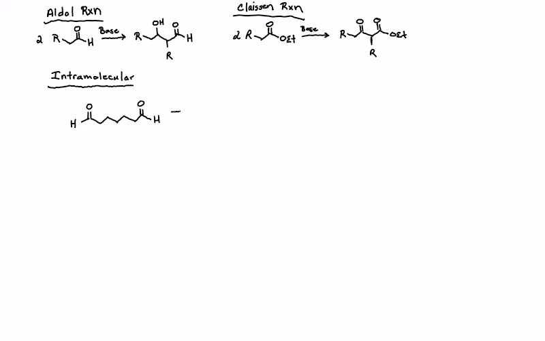Okay, and this is going to follow all the same principles that we've come to see with these aldol reactions. We're going to add a base, and that base is going to deprotonate one of the alpha protons. Now, in the molecule that I've chosen here, it doesn't really matter which end it attacks. But what's going to happen here is we're going to remove that alpha proton, and we're going to generate an enolate intermediate.